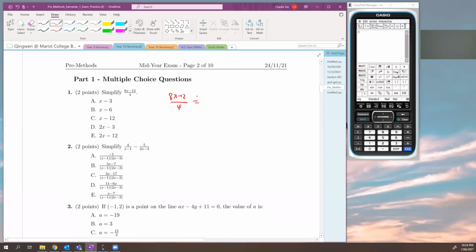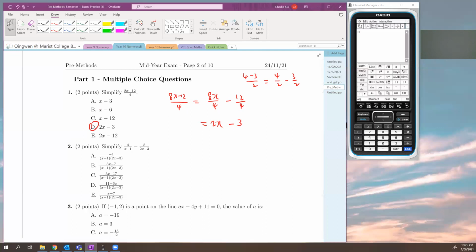This expression could be split, like 4 minus 3 over 2 could be split as 4 over 2 minus 3 over 2. So this could be split as 8x over 4 minus 12 over 4. Let's work it out. 8x over 4 is just 2x, since the fraction plays the role of division. So 8x divided by 4 is 2x, and minus 12 over 4 is 3. So the answer would be D.